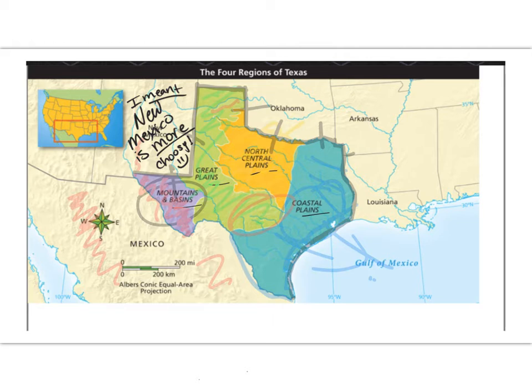And then the mountains and basins, the Great Plains, and the coastal plains all touch Mexico. And I think that's because Mexico's a little sad, because we have this giant river, the Rio Grande, that separates us from Mexico. And I feel like Mexico misses us, and so it's really trying to reach out to every region it can. It can't touch the North Central Plains.